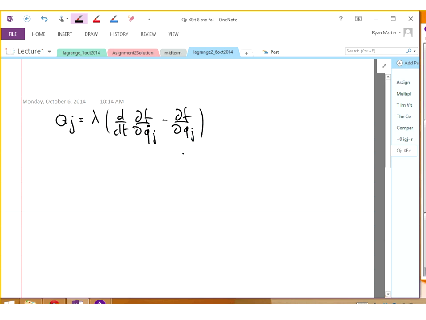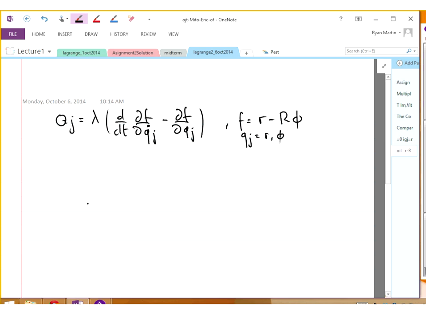All right, remember we got that earlier, this equation here, where f is equal to little r minus R phi, and qj is equal to either r or phi.